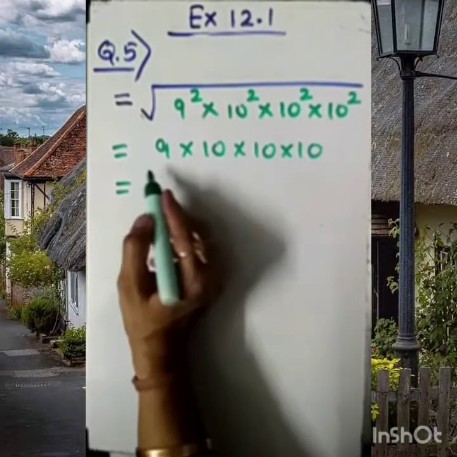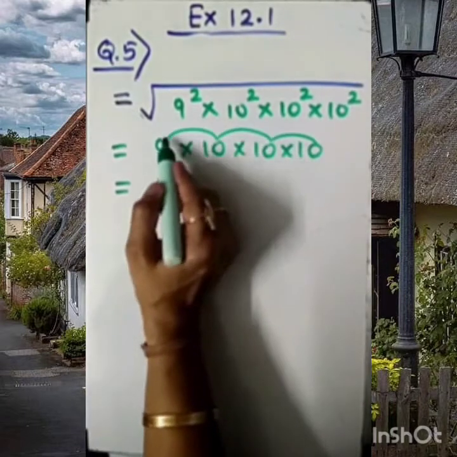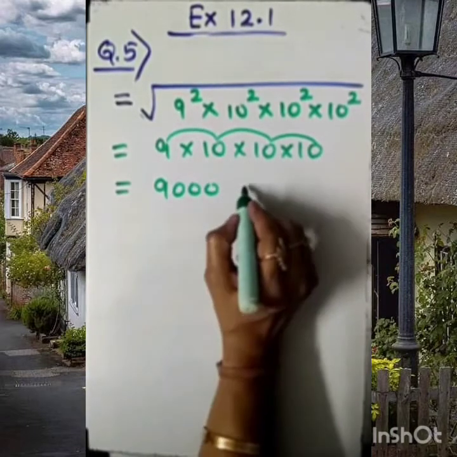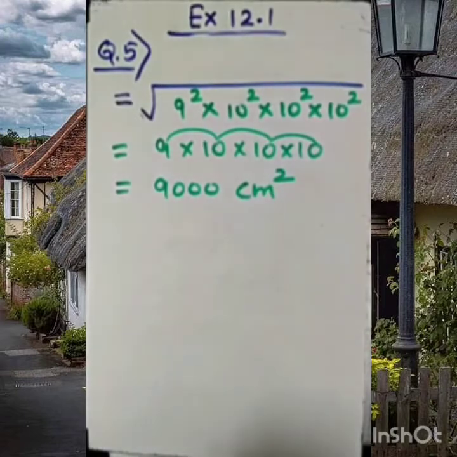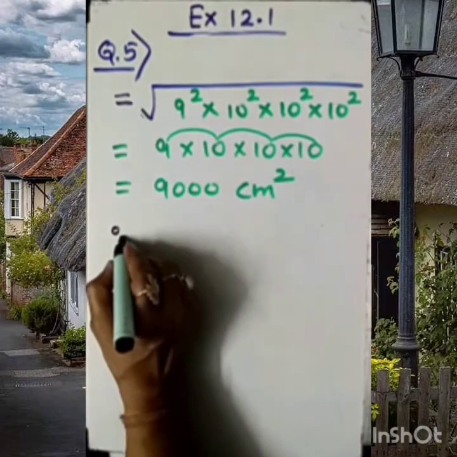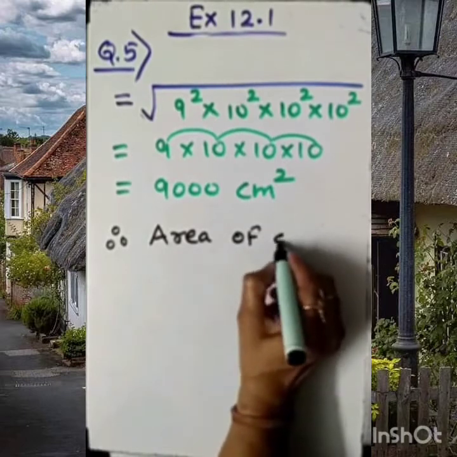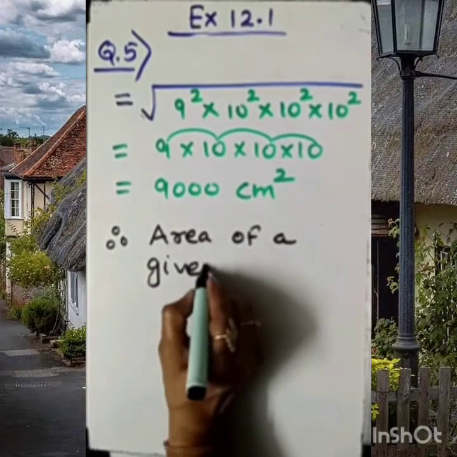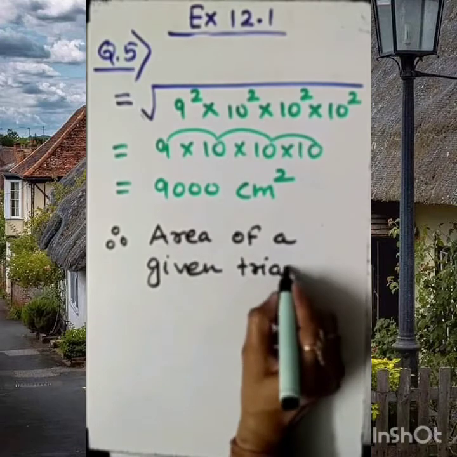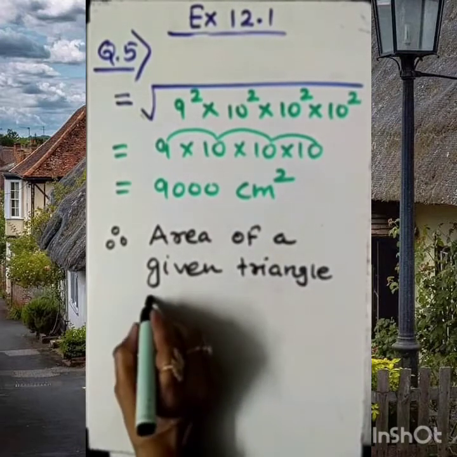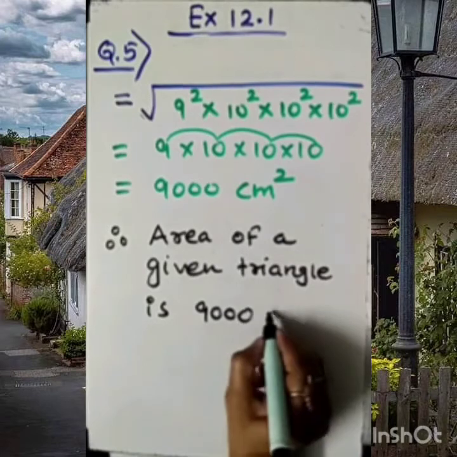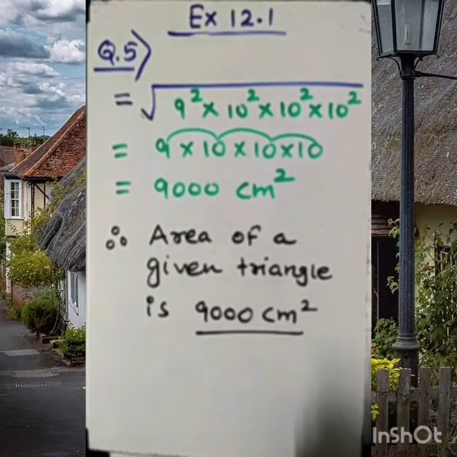The product of all this is 9,000. So dear student, this is the area, and you know very well the unit for area is square centimeter, or centimeter square. Therefore, the area of the given triangle is 9,000 centimeters square.